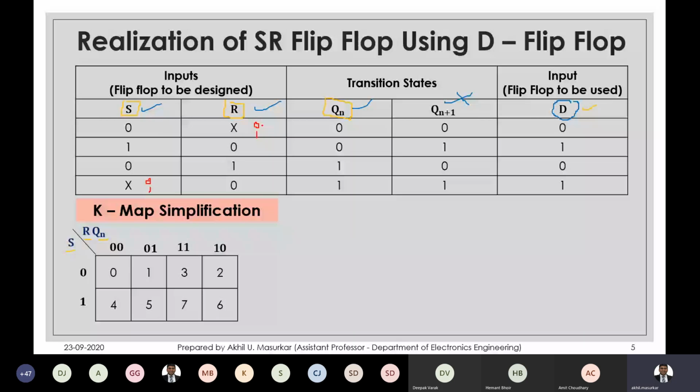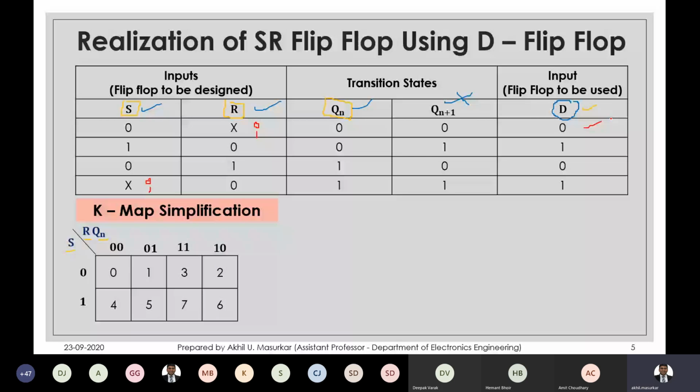And what is the value of D for that? That is 0. So we will leave it as it is. Then we have 0, 1, 0. So 0, 1, 0 is 2. And what is the value of D for that? 0. So we look for those conditions where D is 1.